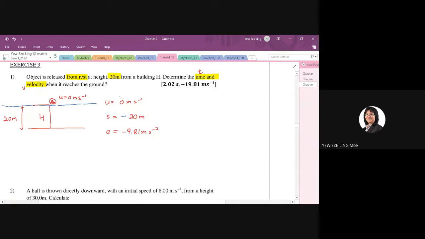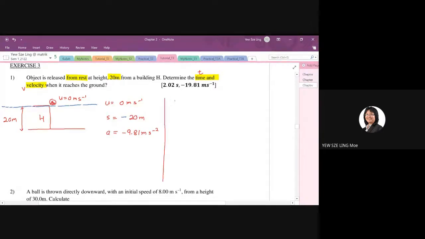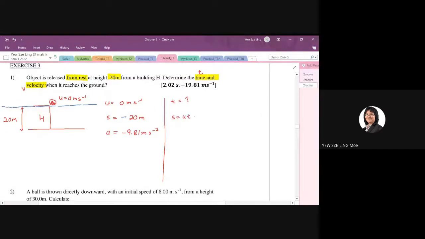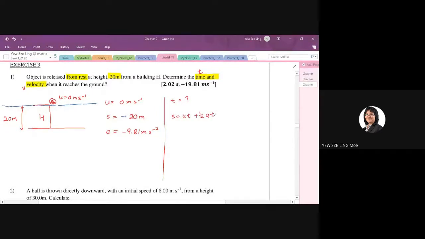All right. So now you have u, s, a, and the question is asking for t. So the first part of the question, we need to find t. So s equals ut plus 1 over 2 at squared. If you notice, I use the equation with a. In our lecture, I showed you the equations with g, but you need to change the signs into negative.